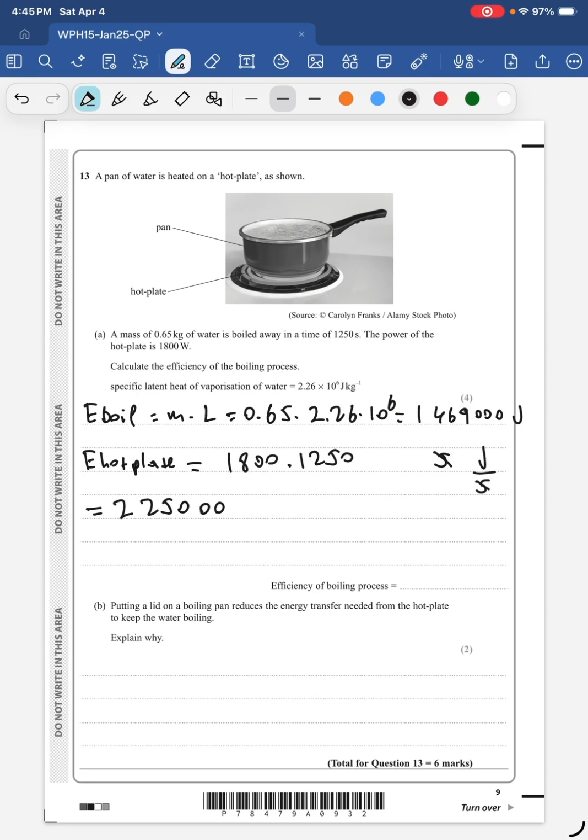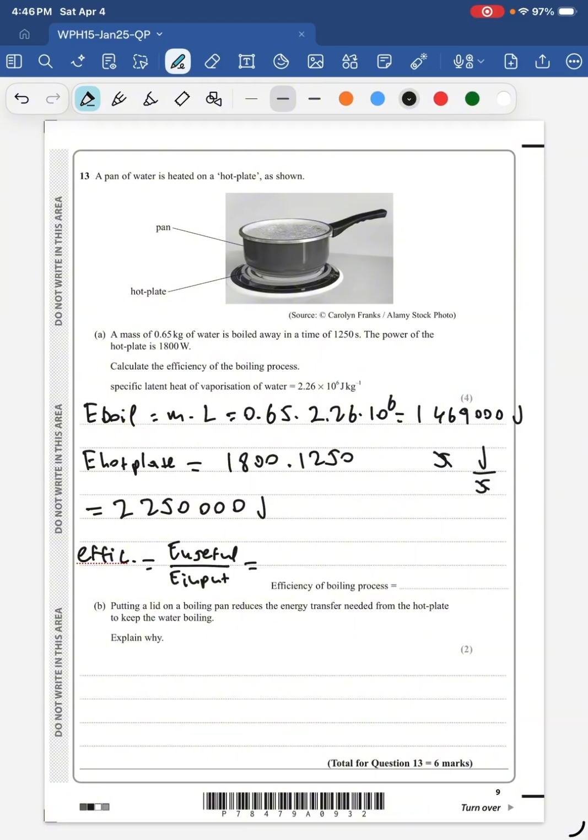2,250,000 joules. Okay, and then we have to recall that the efficiency is equal to the useful energy, E useful, over the energy provided in the input.